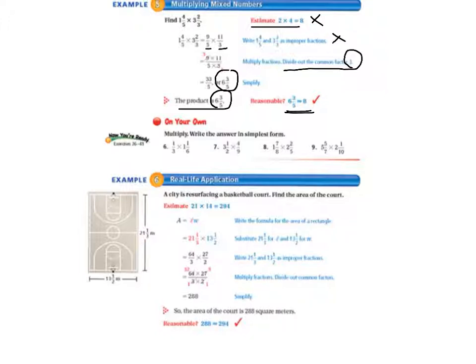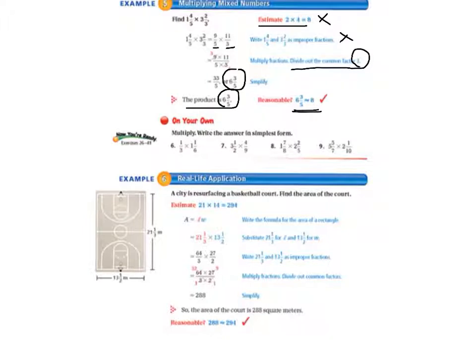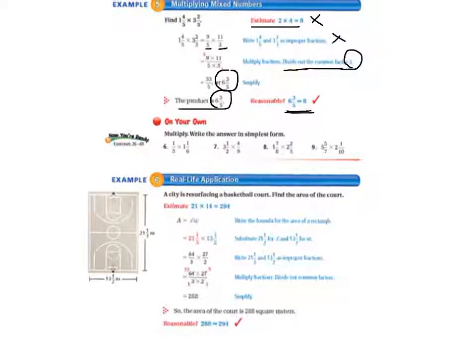So we are going to estimate. And when we do that, we round 21 1/3 to 21, and we round 13 1/2 to 14, and we come up with an estimate of 294 meters.